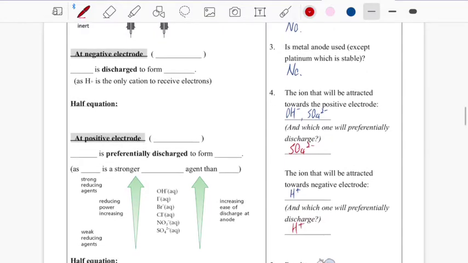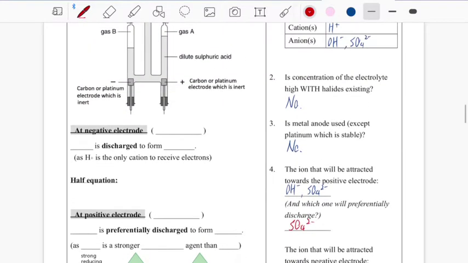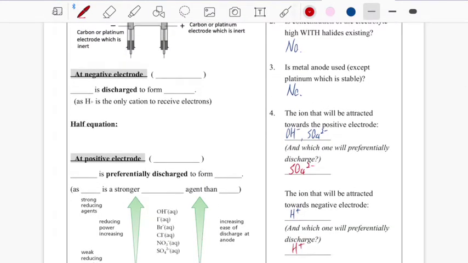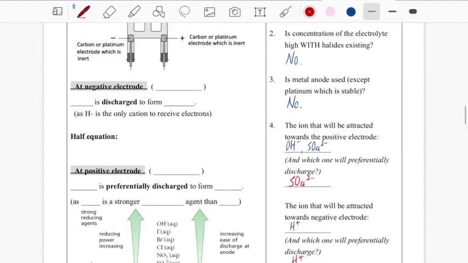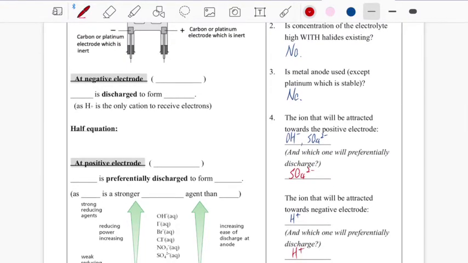Now we've completed the 4 steps required, and then we can use the information we got to fill in the left hand side. At the negative electrode, we know H plus is discharged to form H2, hydrogen gas. The half equation will be H plus turns into H2.